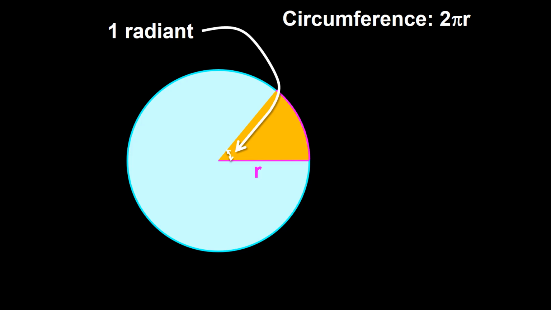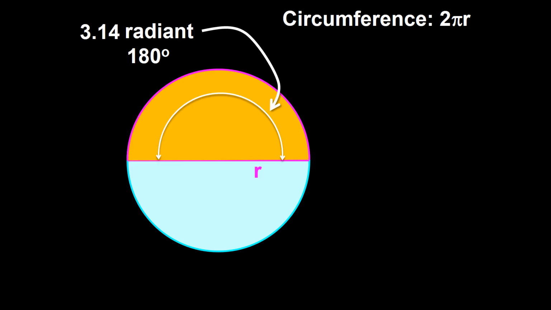We can say that this angle is 1 radian. 1 radian is equal to about 57.3 degrees. Half of the circumference is 3.14 radians or 180 degrees.